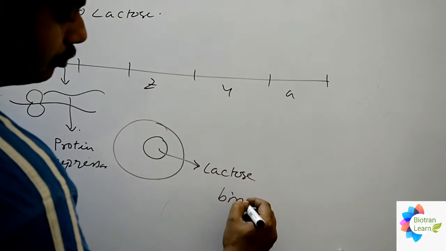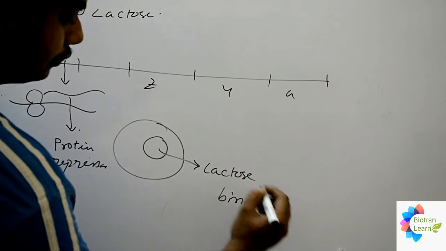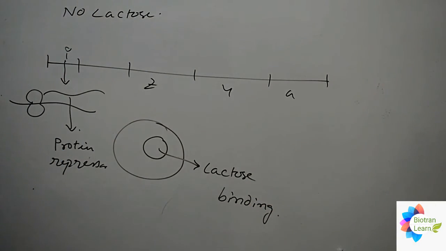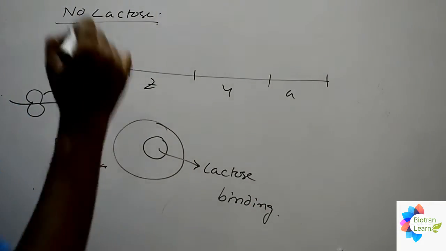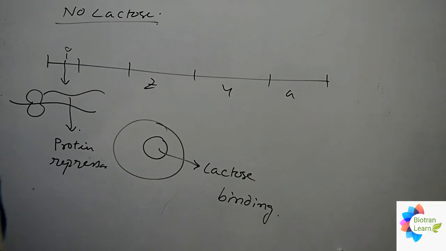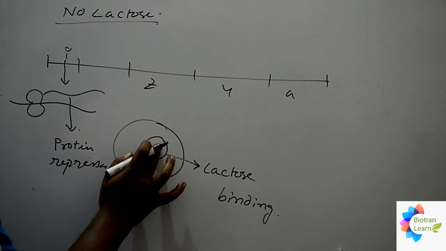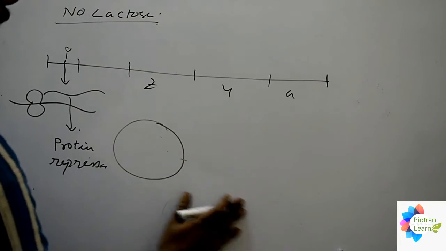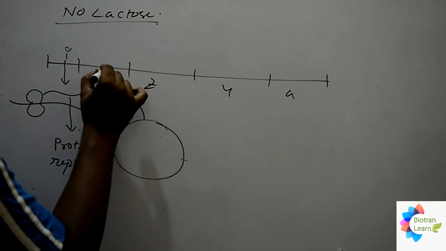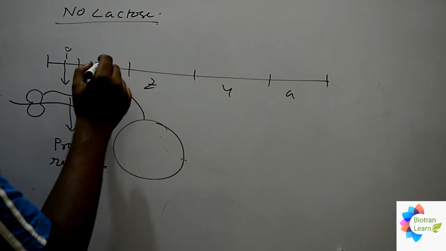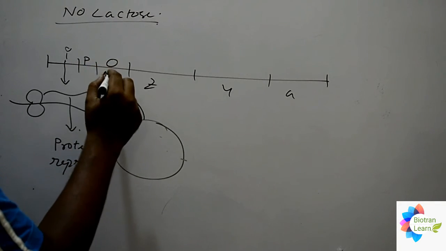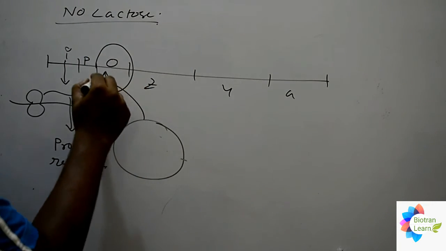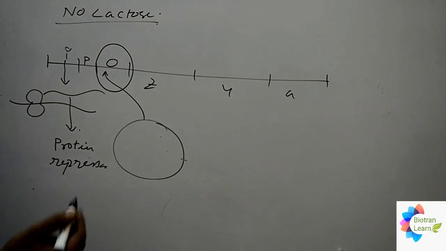So when there is no lactose in the cell, what would happen? The lactose binding site will not be occupied, and the repressor will be sitting in the operator region.